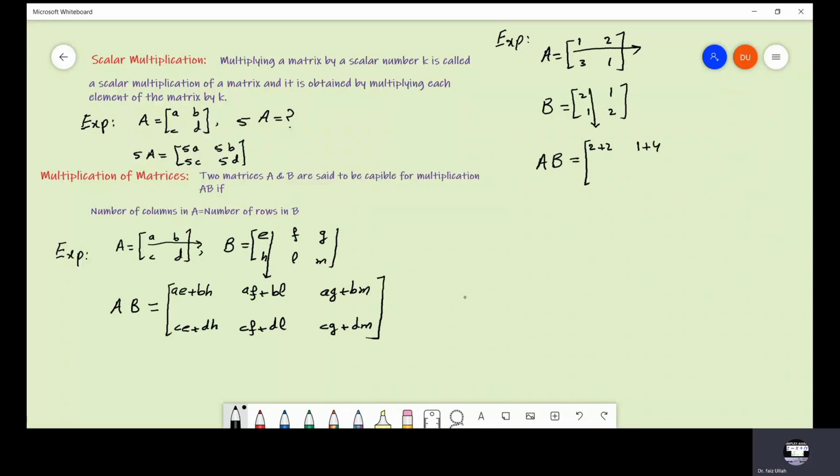Now let us multiply the second row of A with the first column of B. So we obtain 3 2s are 6 plus 1 1s are 1. And now we multiply with the second column of B. So we obtain 3 plus 2. If we simplify this, we get 4, 5, 7, and 5. And this is the required solution.